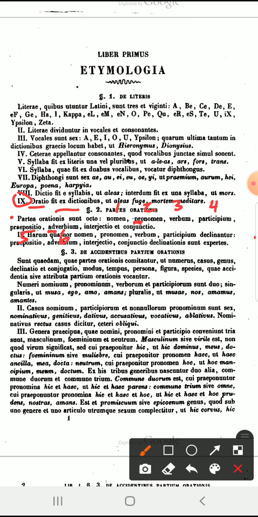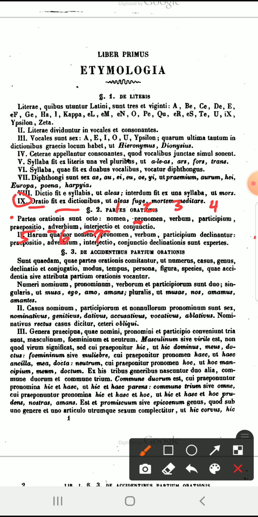Adverbium is an adverb. The seventh of the 8 parts of speech is interjectio. In English, this is an interjection. The word is made of the Latin word inter, which means between, and jectio, which means thrown or placed.